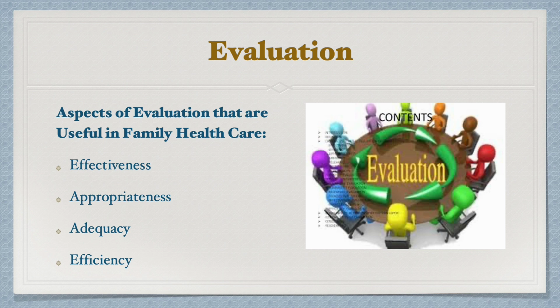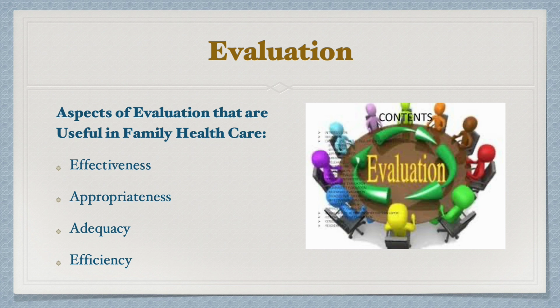So that refers to the suitability of the goals and objectives and interventions to the identified family health needs. So that answers the question, are our goals or objectives and interventions correct in relation to the family health needs we intend to address?